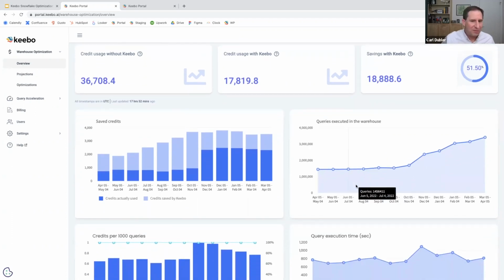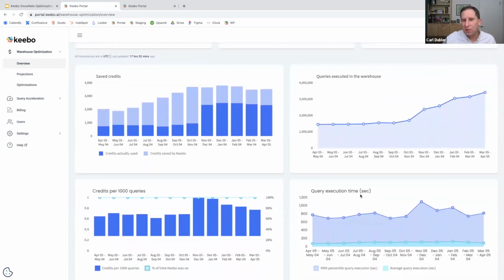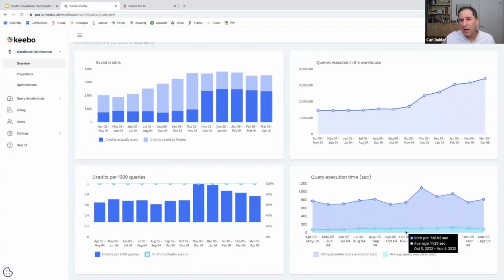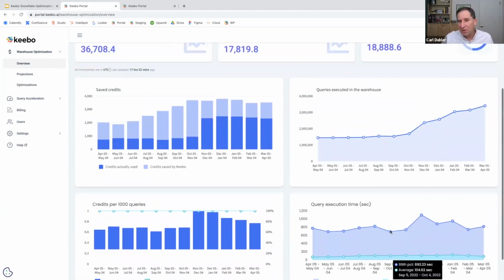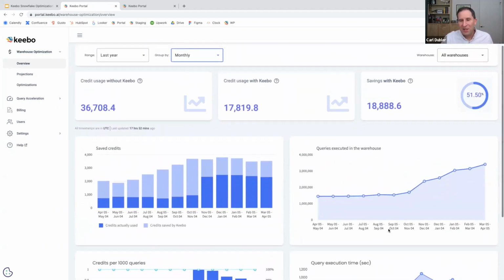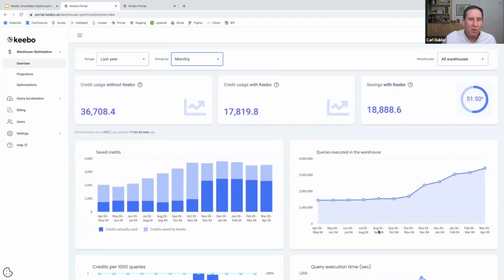Any complaints? Well, if we look at the query execution time down here, it's held steady. In other words, the users haven't noticed any performance difference. In fact, this customer told me that only the data team and the CFO even know that Keebo is running in the background.